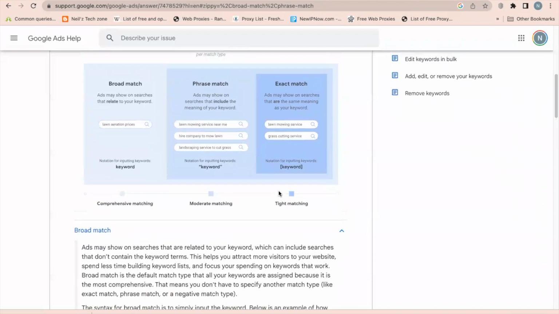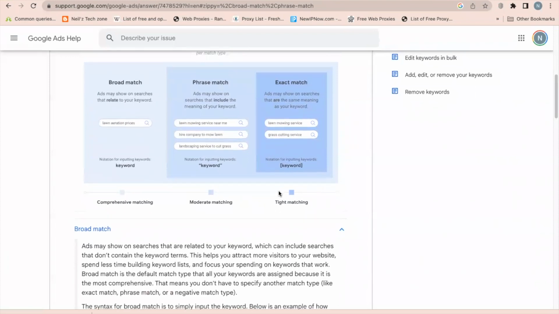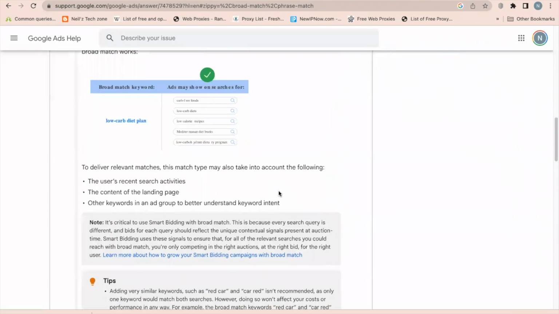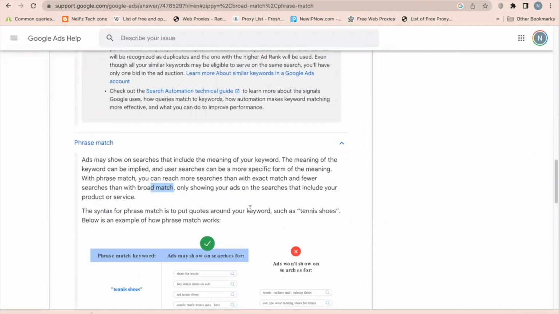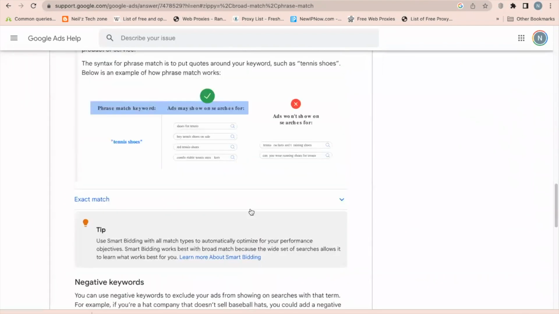That's why the bid value on exact match is more, phrase a little less, and broad comparatively even less. So exact match keywords are more expensive but more relevant. You can get leads in exact match, but again the volume is low. They are expensive because they are relevant.